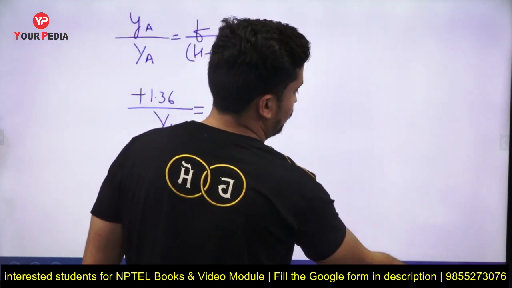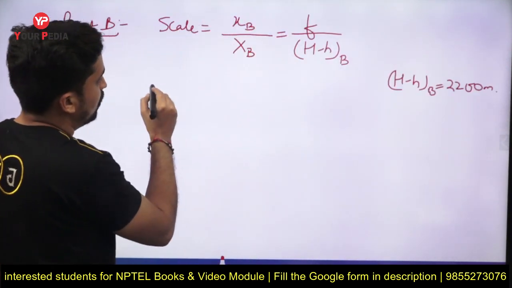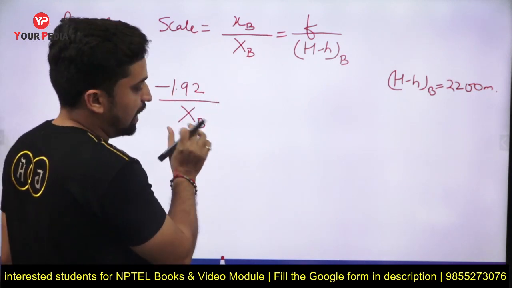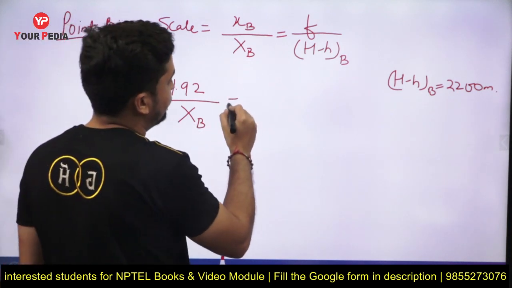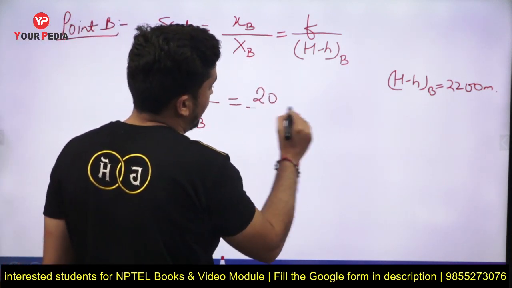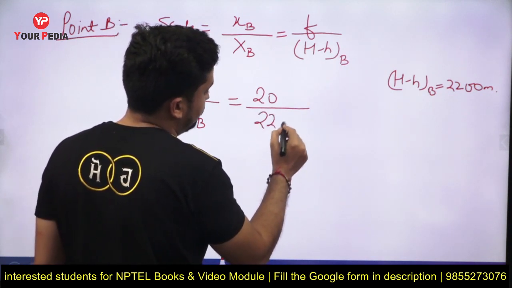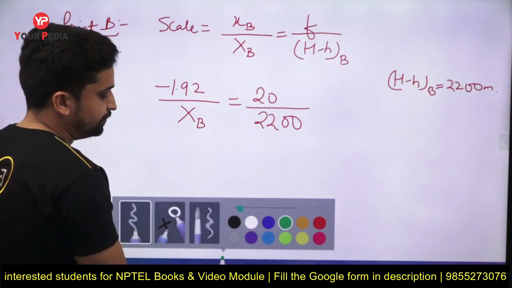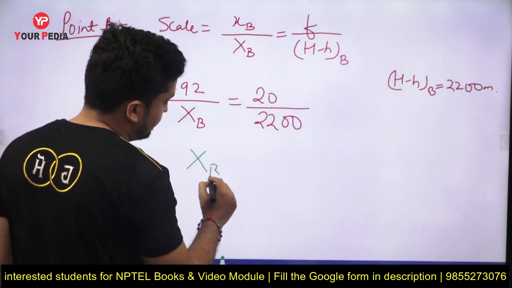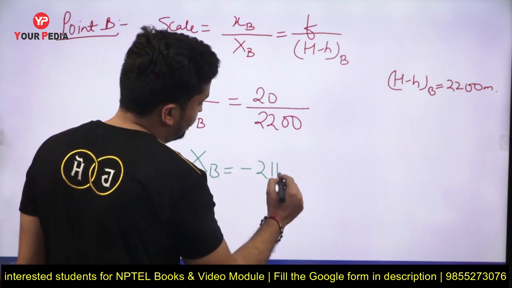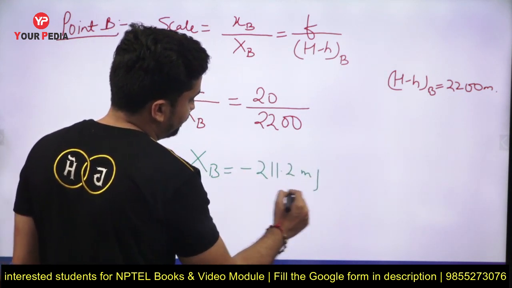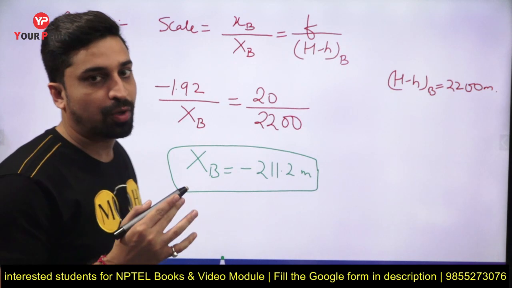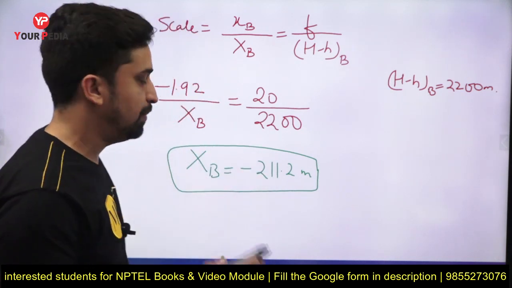So this will come out to be equal to minus 1.92 divided by capital XB, which we need to calculate, which is the x coordinate of point B on the ground, and this is equal to focal length, which is 20, and H minus h of B is given as 2200, and on solving this you will get the value of capital XB as minus 211.2 meters, right? So now you have calculated x and y coordinates of point A along with the x coordinate of point B.